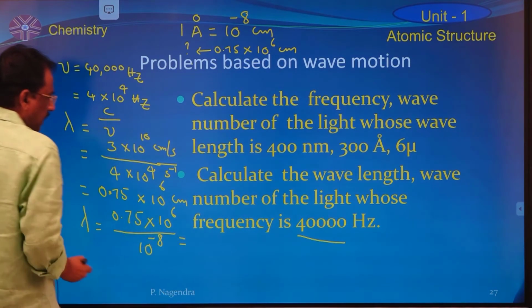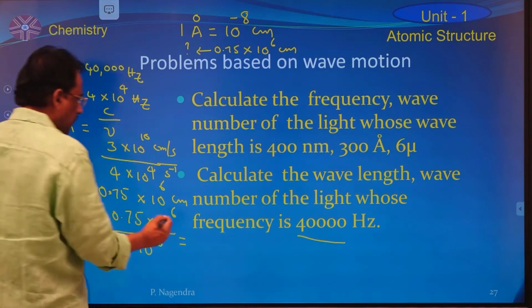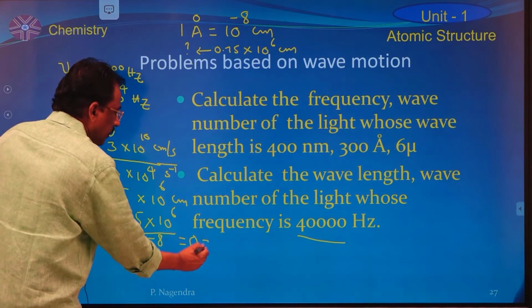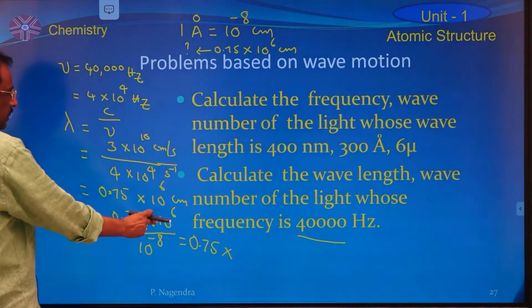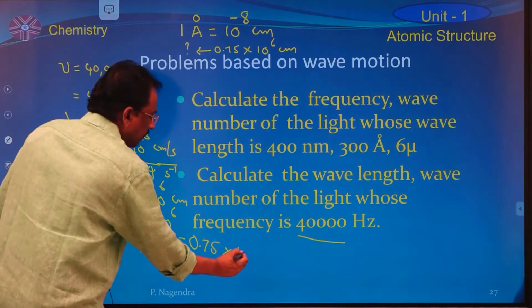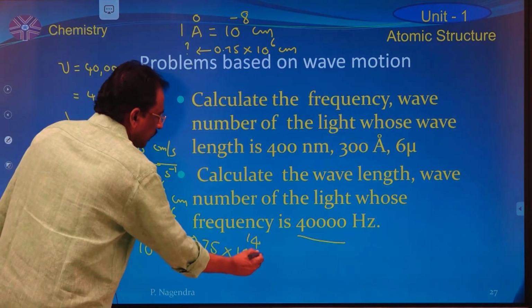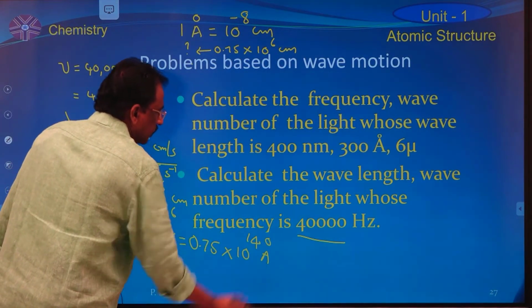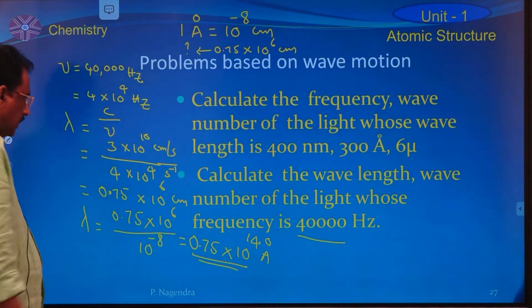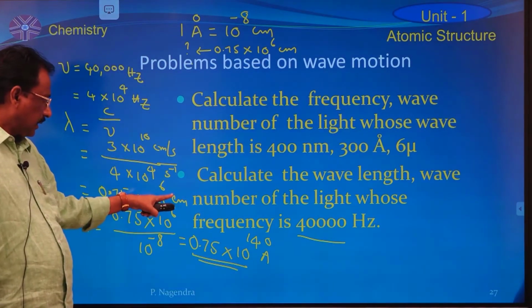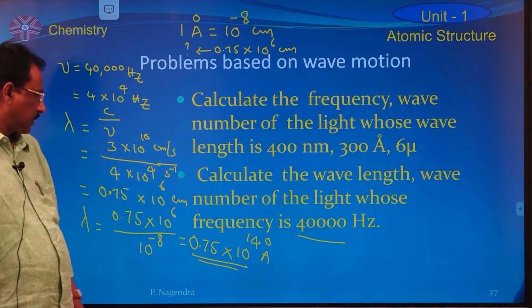Therefore, lambda in angstrom unit is equal to 0.75 into 10 power 14 angstrom unit. So, this is the conversion of centimeter into angstrom unit.